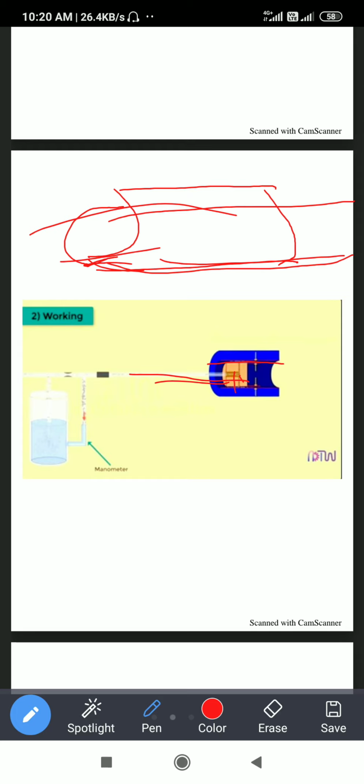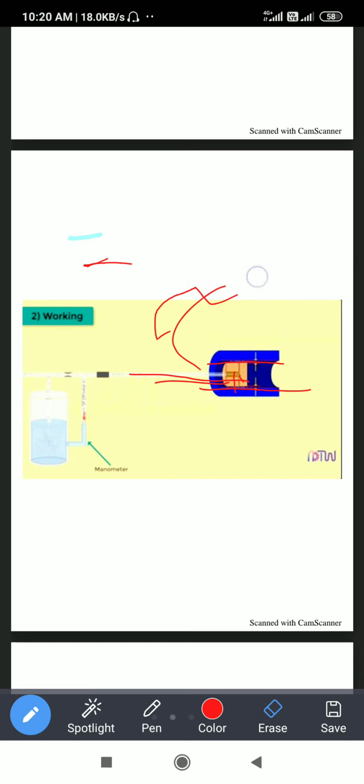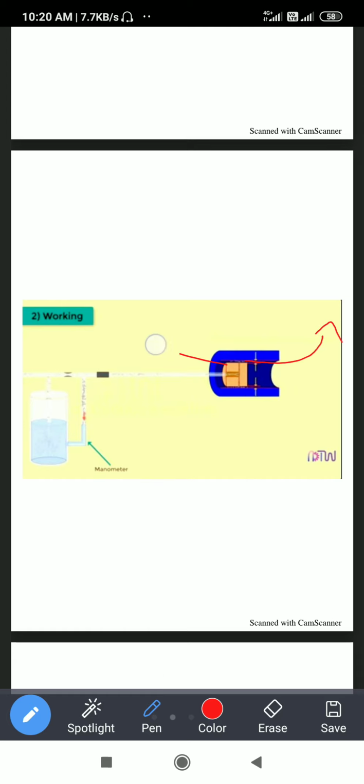If there are no obstacles, the air will pass out in this direction, through the inner diameter holes of the workpiece. That means it does not generate the back pressure.